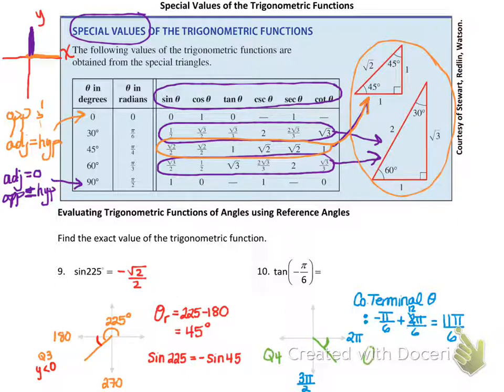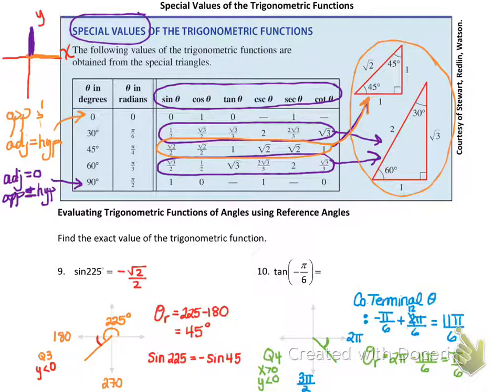So theta of our reference angle equals 2 pi minus 11 pi over 6. And this gives you pi over 6. Now again, we have to reference the fact that we're in quadrant 4, which means x is going to be greater than 0, but y is going to be less than 0.